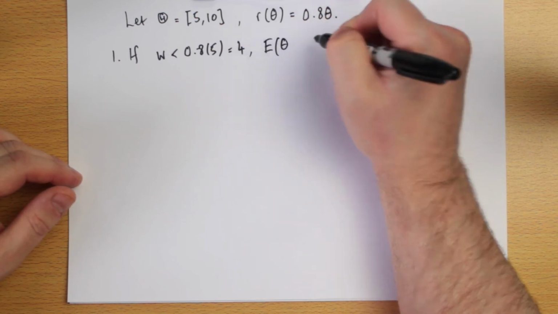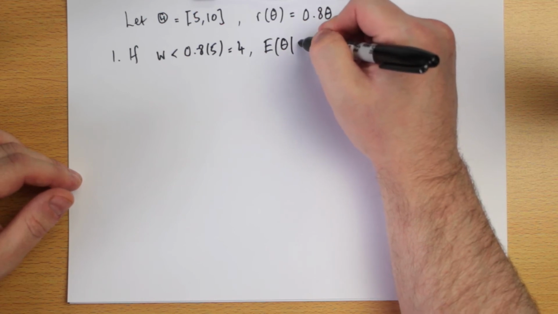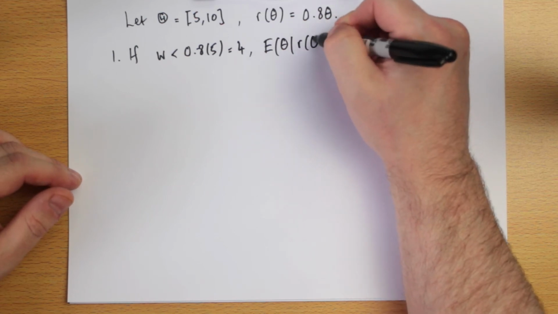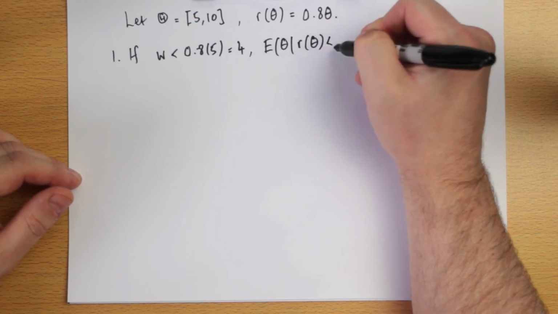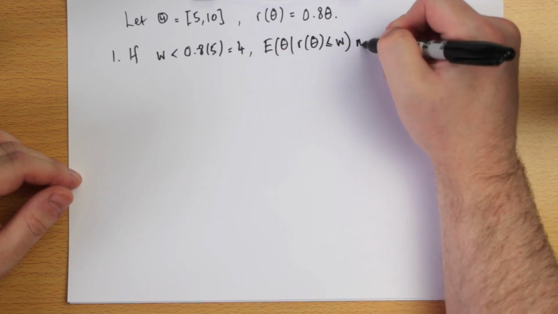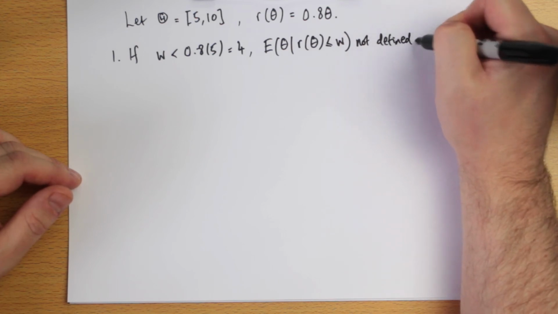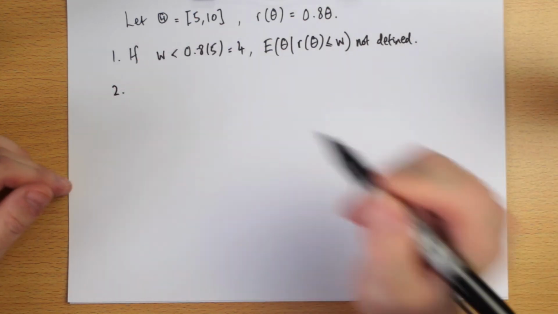And so the expected revenue function, the expected value of productivity conditional on the acceptance condition, is not defined.